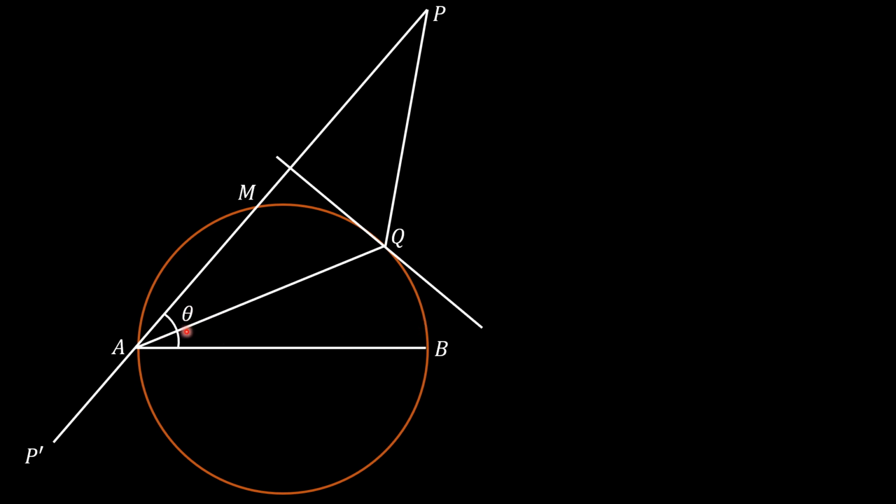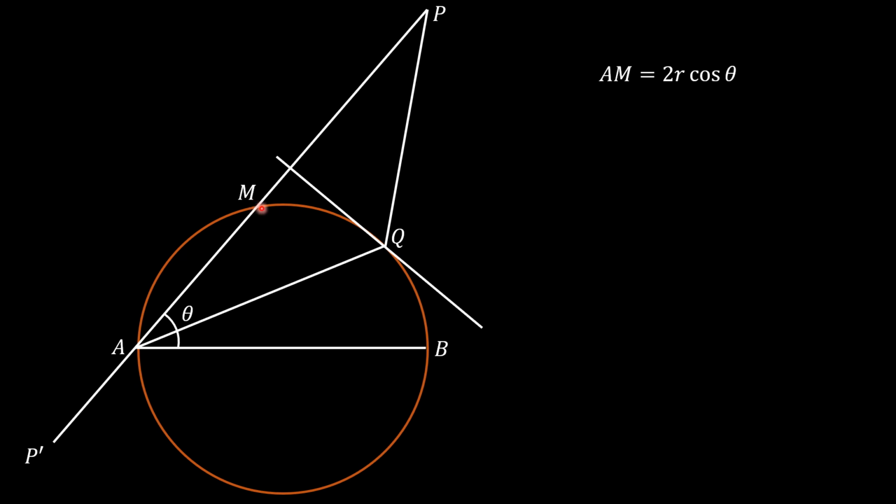cosine theta, right? And also previously we saw that the line PP prime is 4R with M being the center point. I refer you to our first video to see how that is the case.